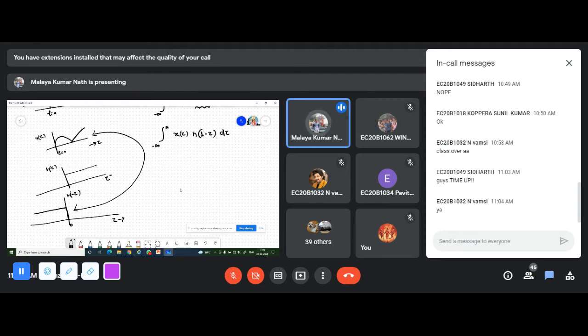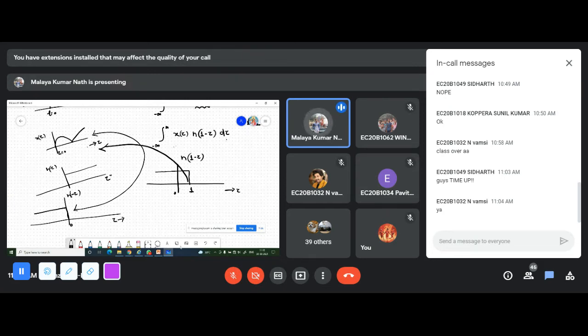This is tau equal to 0, and this is your tau. Now 1 minus tau means this will be shifted by unit 1 towards the right. So now this gets multiplied with this. Are you getting my point? After multiplication, perform the summation and you will get this expression.